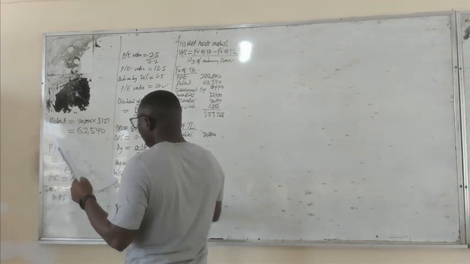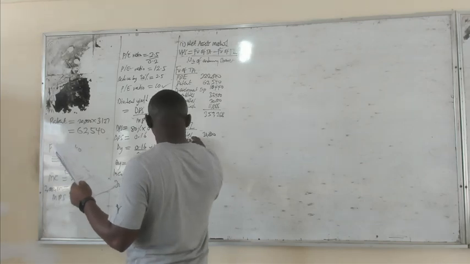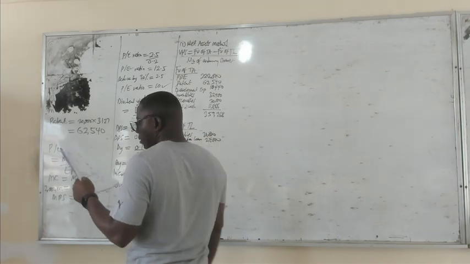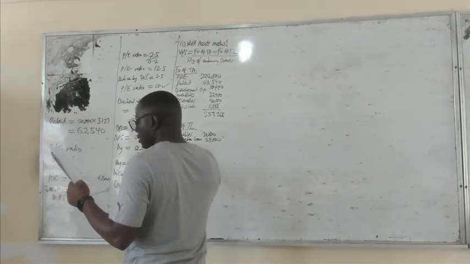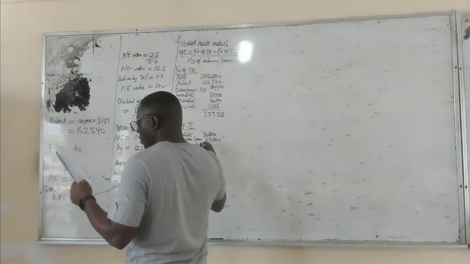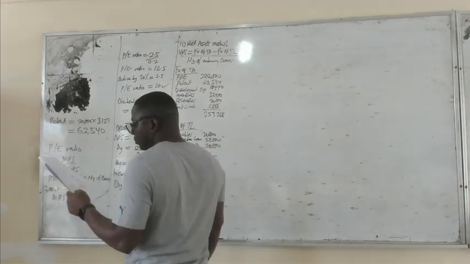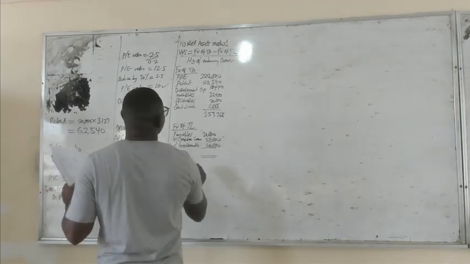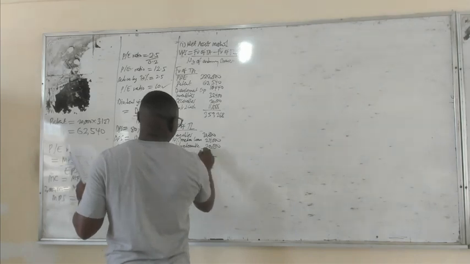Then 14% medium loan. 22% irredeemable, 20,000. So total will be 74.